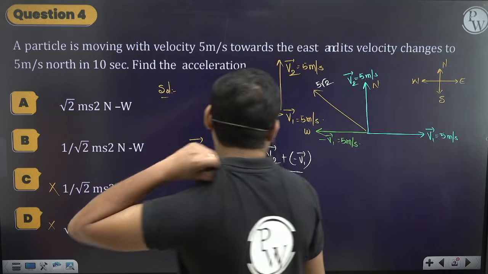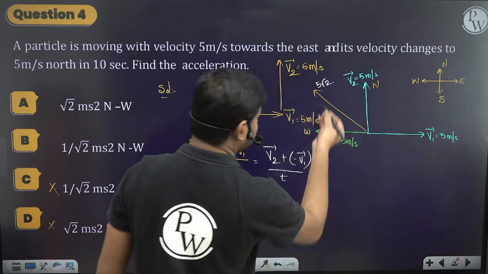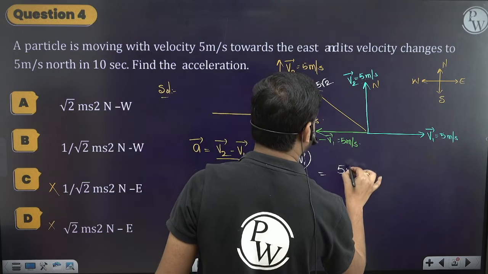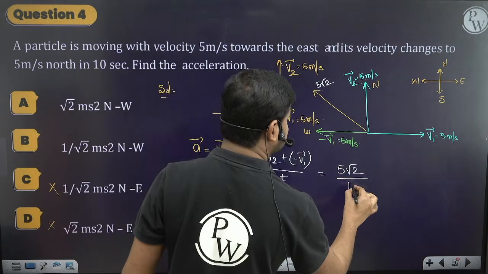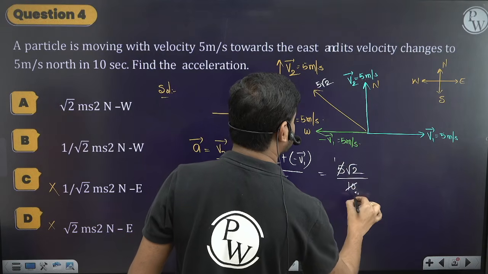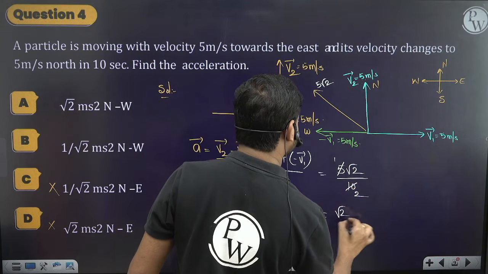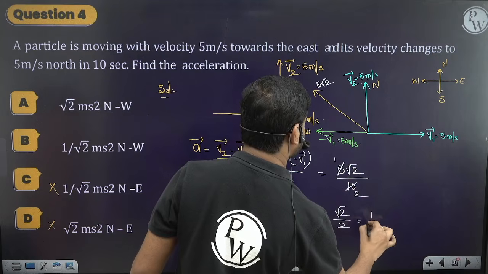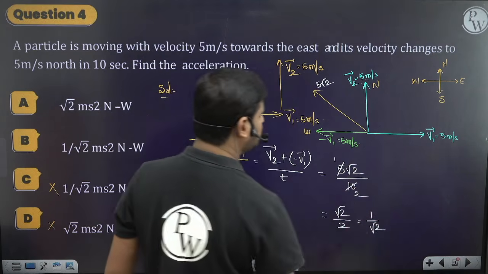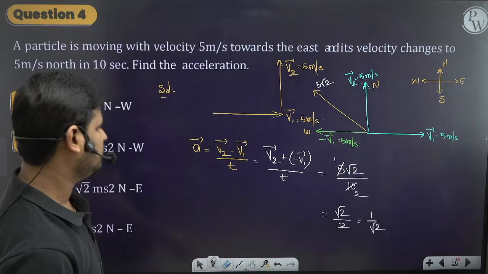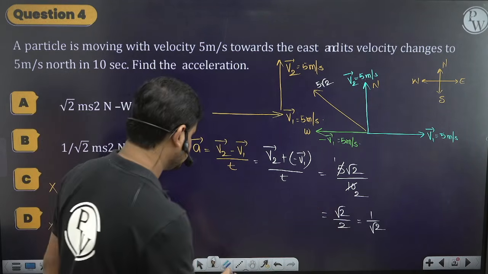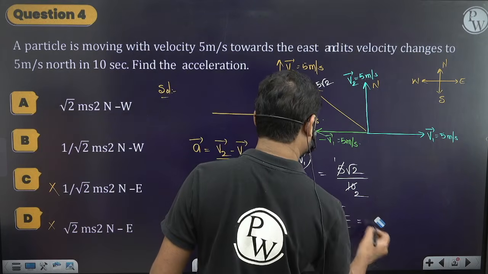Okay, so what is v2 minus v1 here? I am writing that as 5 root 2 simply divided by the time taken, 10. So which is going to be root 2 by 2. Root 2 by 2 means 1 by root 2, because 2 you can write as root 2 into root 2, so the root 2 cancels. If you want, you can do that step.